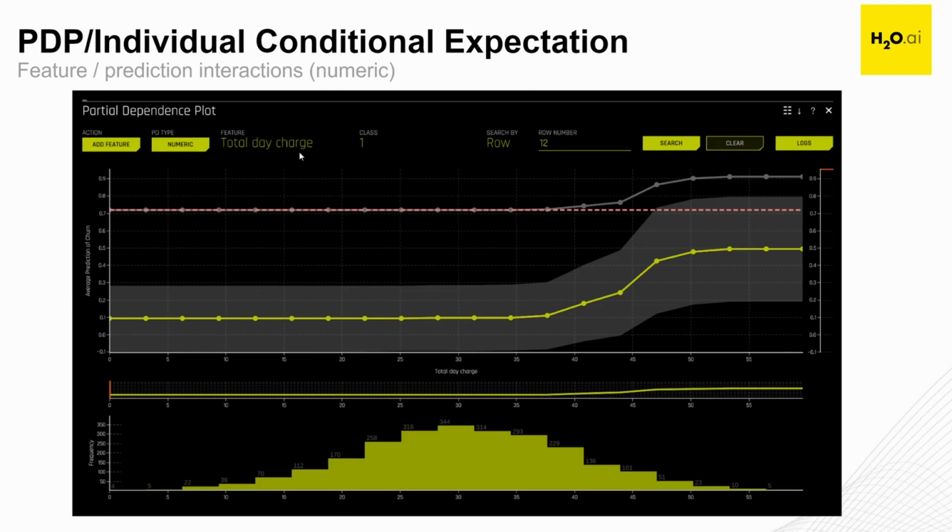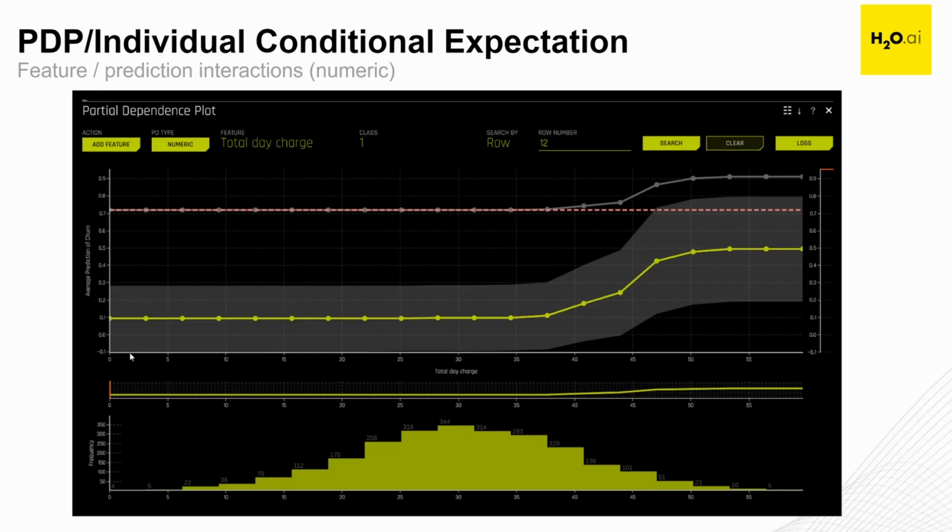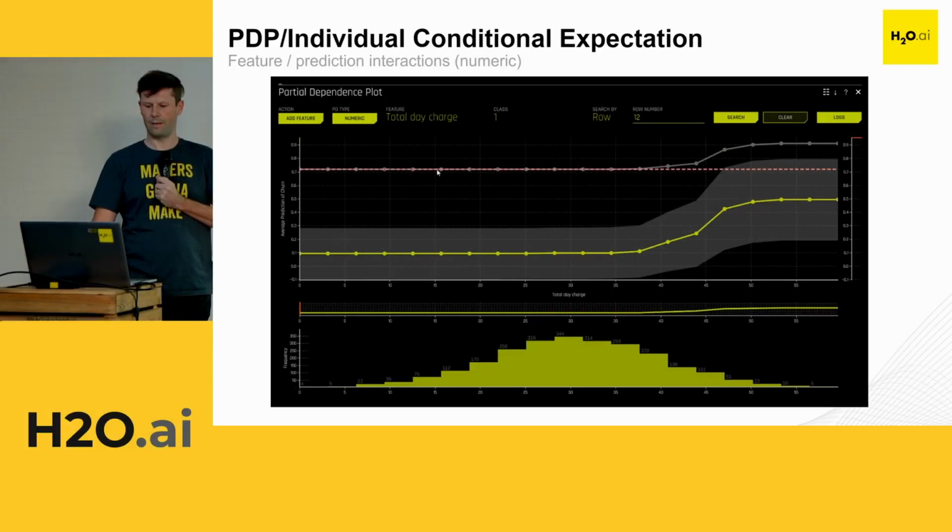Then you replace that value in that row for that particular feature with other values. What we do here is put there 3, 6, 9, 12, and so on and so forth, and you always change that value and look at the prediction, which is this gray line.